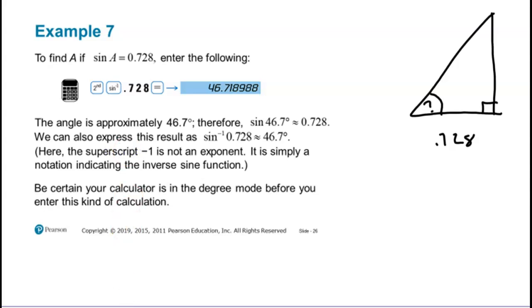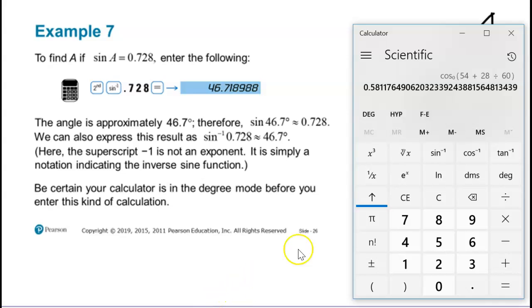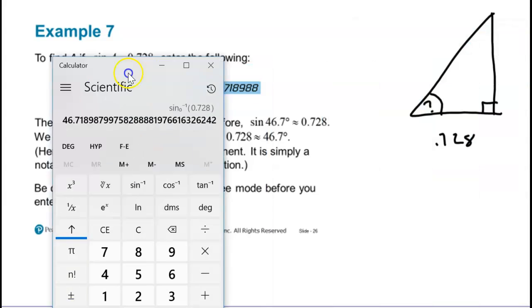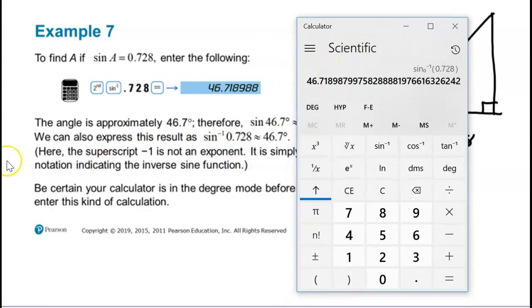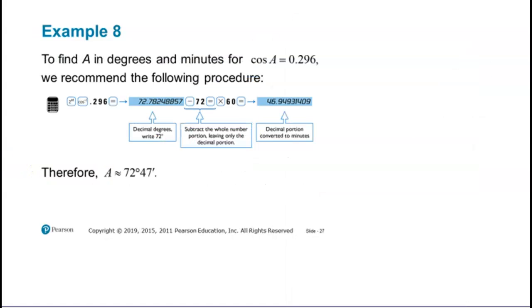What we can do is get our calculator, and again, mine is different, so for mine I have to input the number first, 0.728, and then hit inverse sine, and I come up with 46.72, which now tells us in degrees what that angle is. Again, just get to know your calculator a little bit.